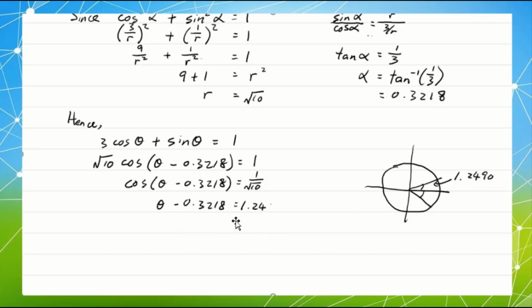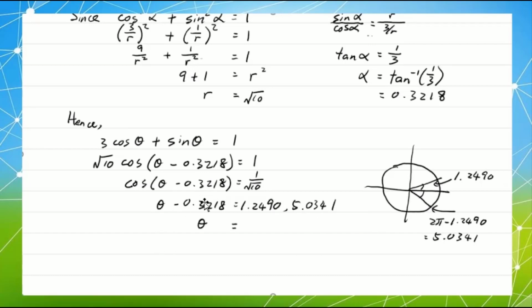So the first quadrant is 1.2490. Now for the fourth quadrant, we need to use 2 pi minus 1.2490, that is equal to 5.0341. So this is the value in the fourth quadrant.